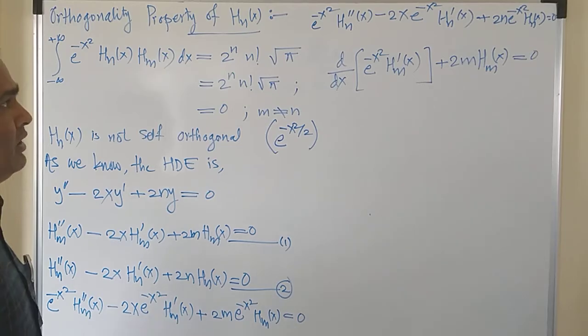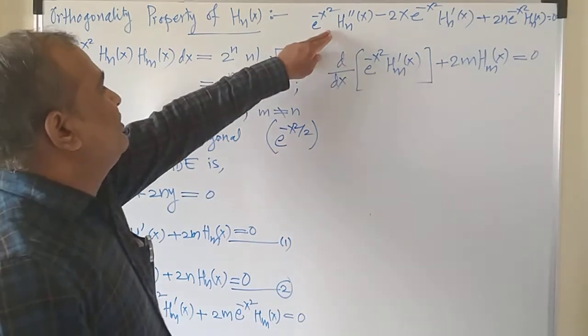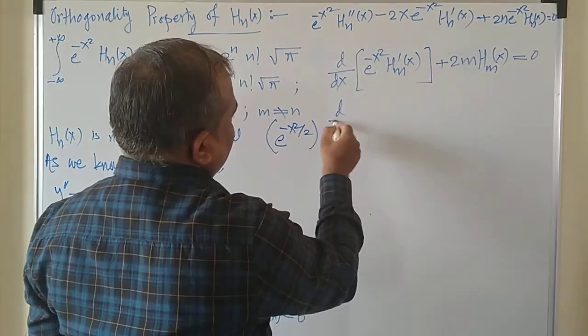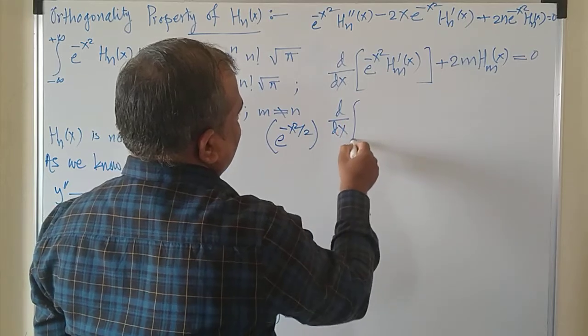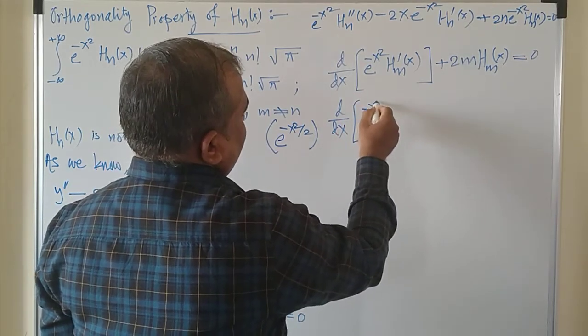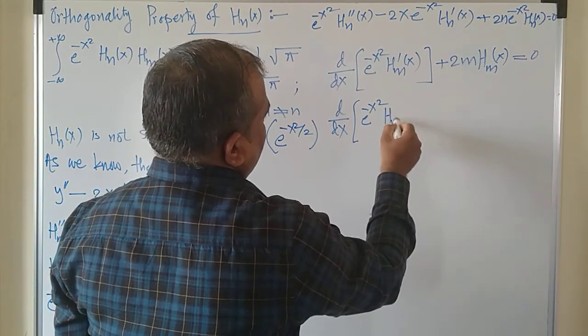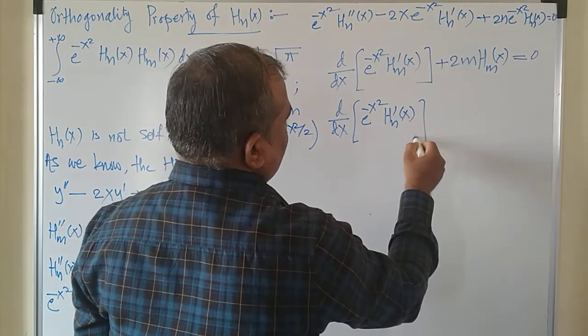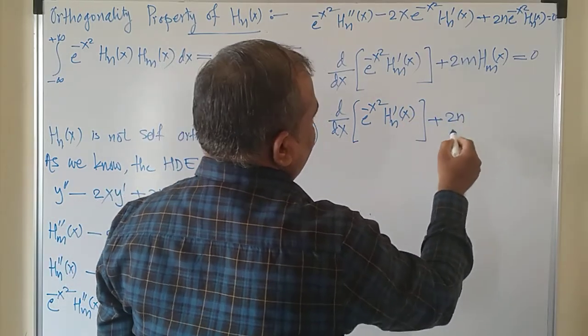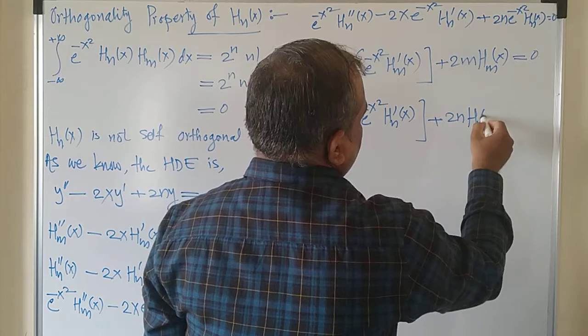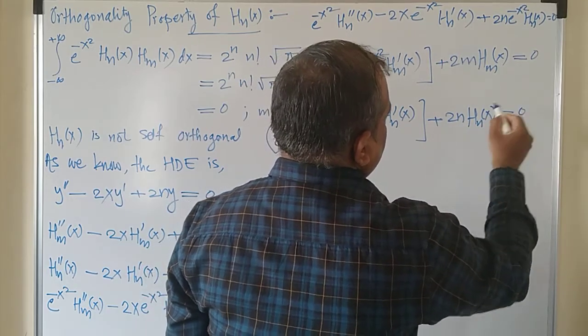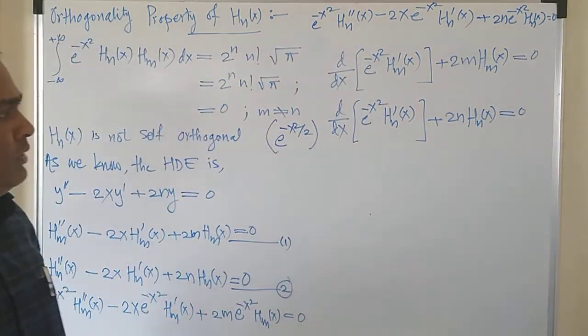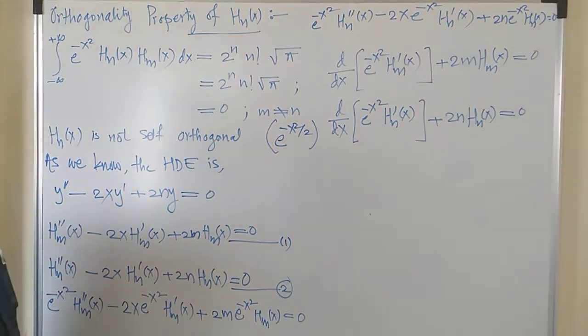So you are getting this, right? Similarly, this equation you can write in terms of d/dx of e raised to minus x square into Hn dash of x plus 2n into Hn of x, and this is equal to 0, right? You are getting this.